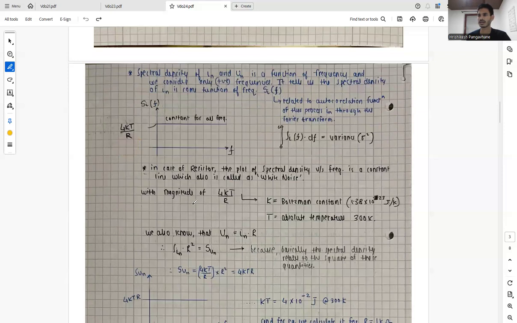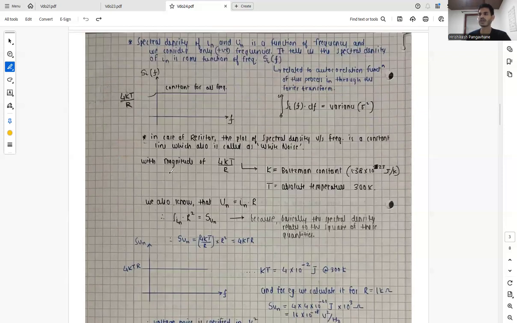We'll see now how. The magnitude of 4kT by R is the magnitude of the white noise, or the constant value of SI of F over all frequencies, where k is the Boltzmann constant and T is the absolute temperature, 300 Kelvin.